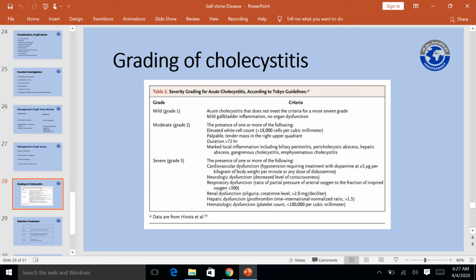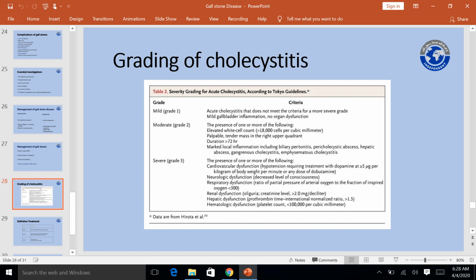In grade 2, the white cell count is more than 18,000, there is a palpable tender mass, or the symptoms have been there for more than 72 hours. Grade 3 is when there is organ dysfunction: one or more of the following organs have failed, like cardiovascular compromise, respiratory compromise, renal compromise, and hepatic compromise. Any one or more will be graded 3.